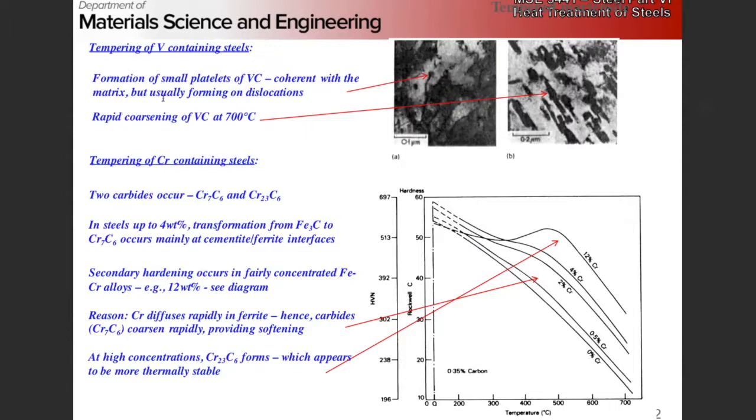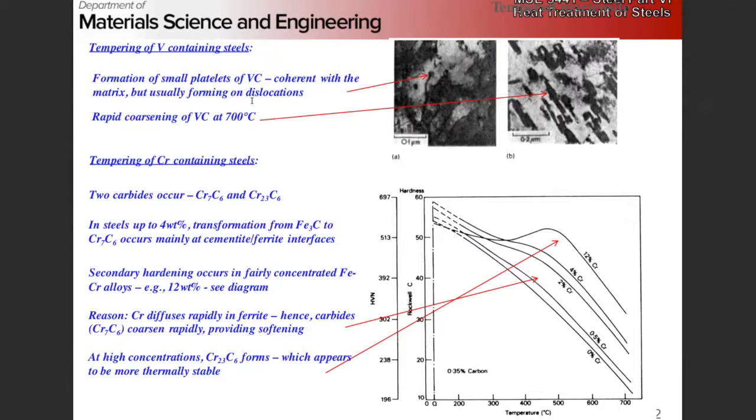So this is kind of a benefit of chrome vanadium steels, right? You get these fine platelets that form early. They nucleate heterogeneously on dislocations. They give you strengthening at lower temperatures.